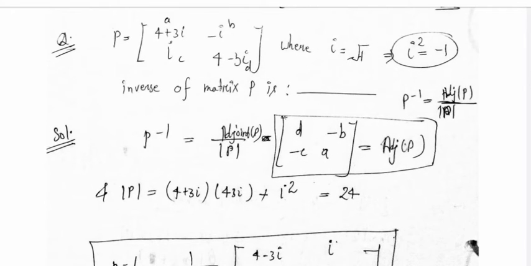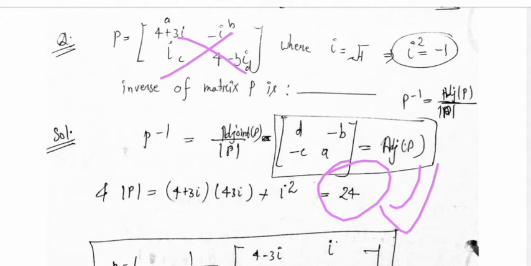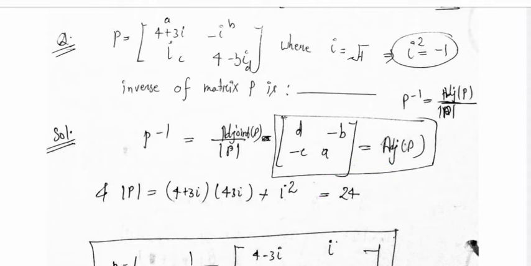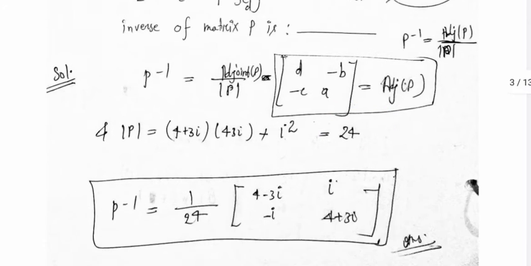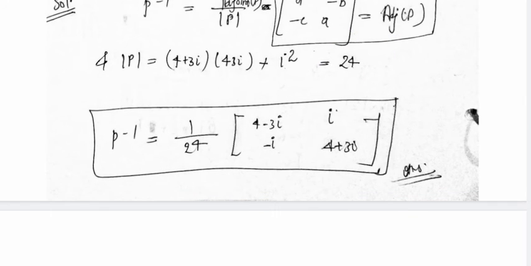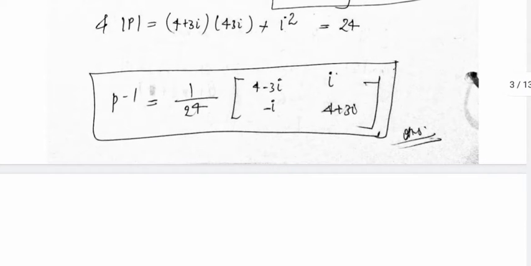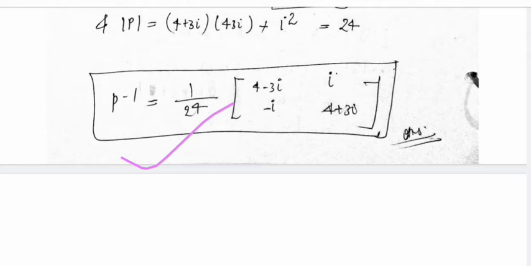After including this, we get here the determinant of P equal to 24, meaning the multiplication of these terms and the multiplication of these terms is the determinant. Now on this basis, we get the inverse of the matrix P: inverse of P is equal to 1 upon 24, and after interchanging this and this, we get the total inverse of the matrix P. Now come to the next question.